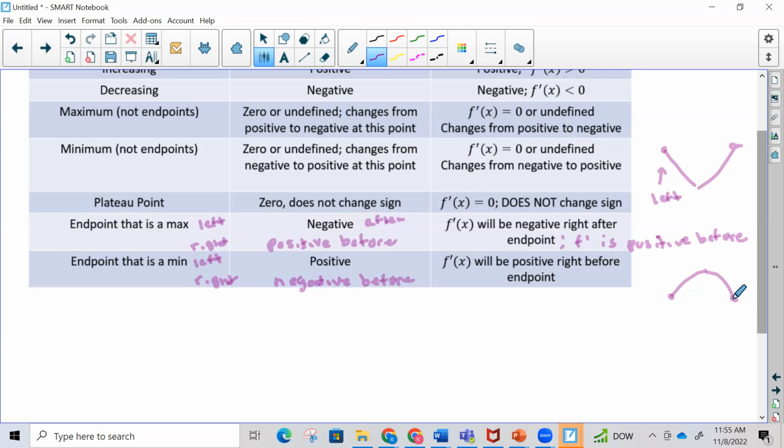Okay, so again, right endpoint, if it's a min, the function is going to be decreasing till you get to there. And f prime will be negative after.